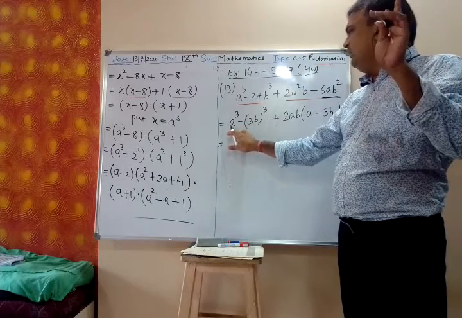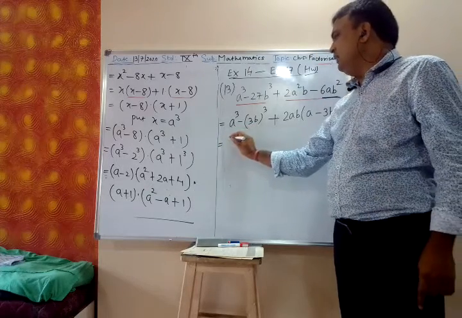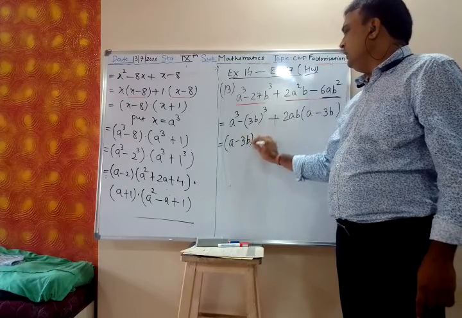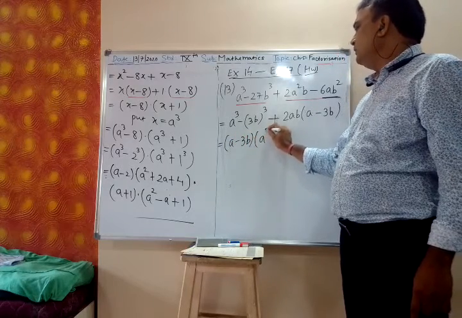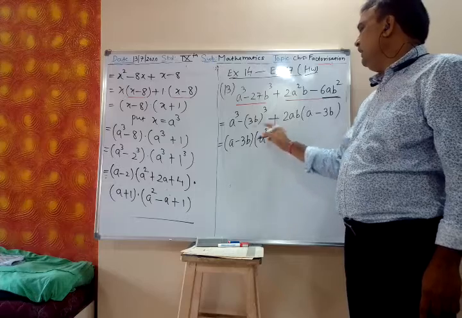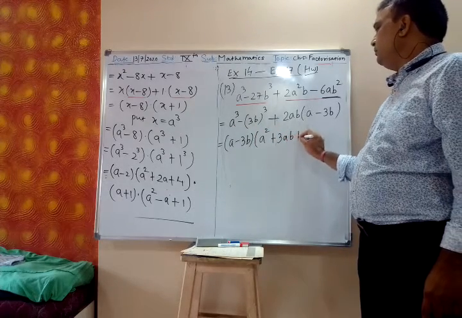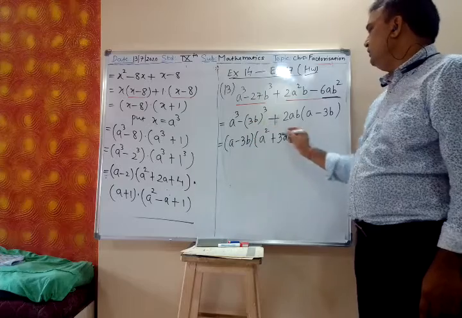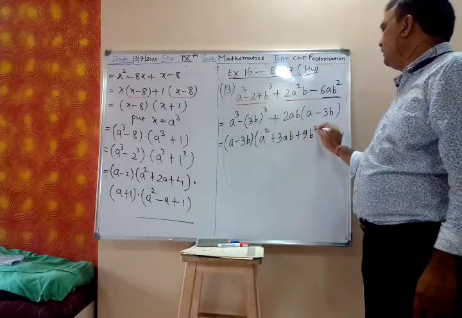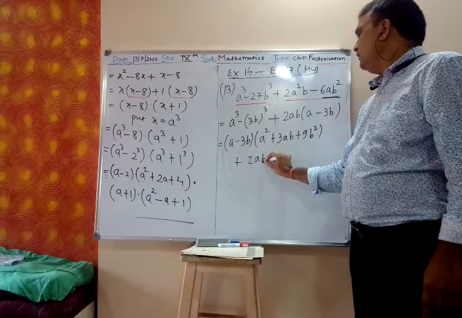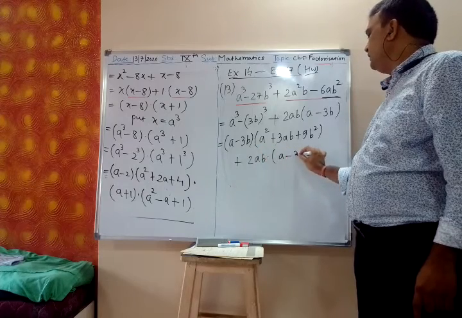Now I will use a cube minus b cube: a minus 3b into a square plus a into 3b, that is 3ab, plus 3b square, 9b square, plus 2ab into a minus 3b.